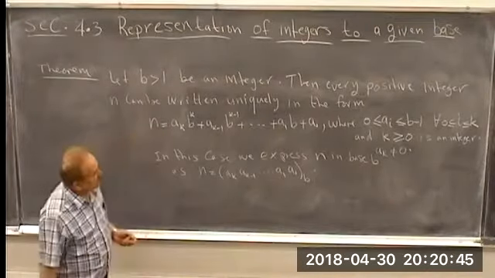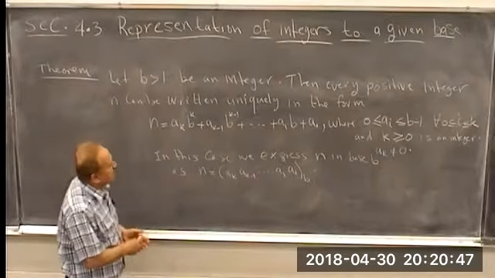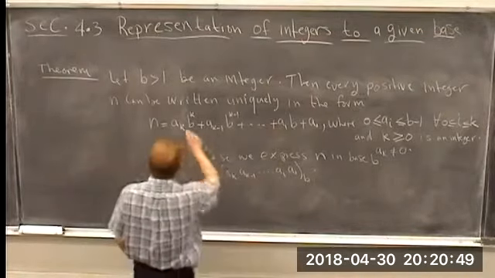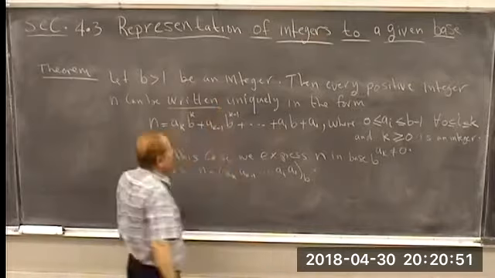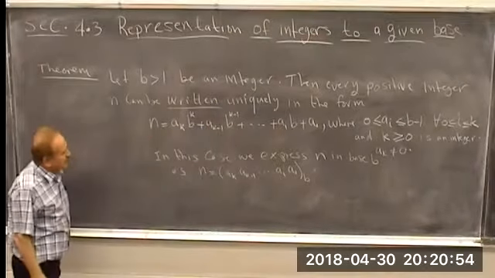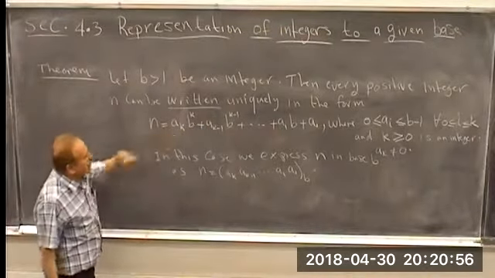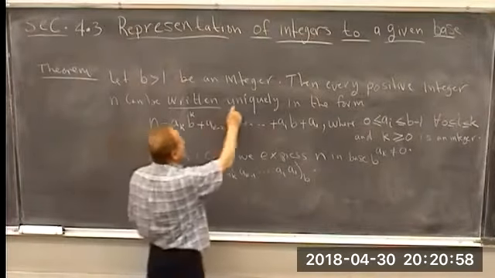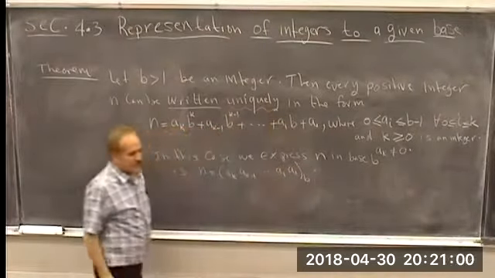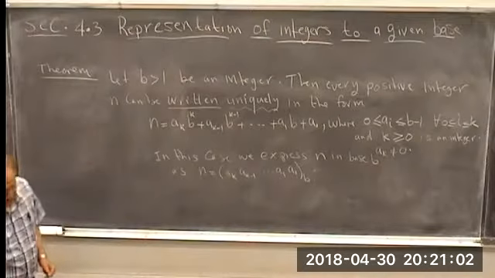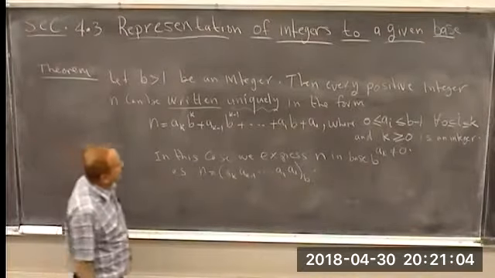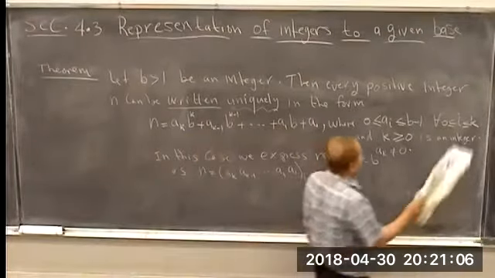All right, so there are two parts to this theorem. One is to be able to express any positive integer n in this form. The second part is to show that this representation is unique. So let's go ahead and start with the first part.